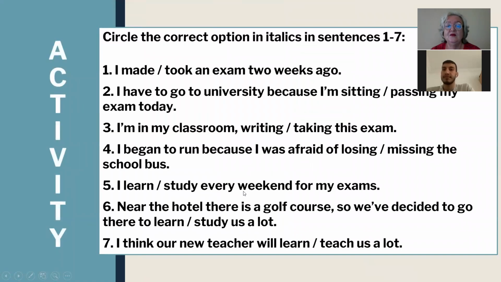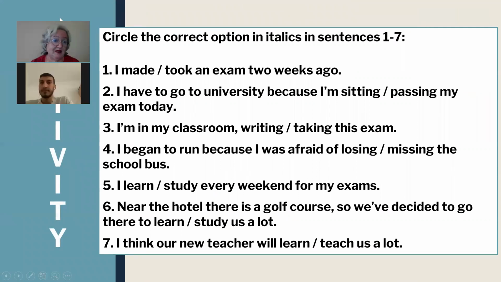That's right. So here you must choose the correct answer. You have 2 possibilities. Circle the correct option in italics in each sentence. The first one, I made or I took an exam 2 weeks ago. I made an exam 2 weeks ago. Made. No, you took it. No, I took it. All right.